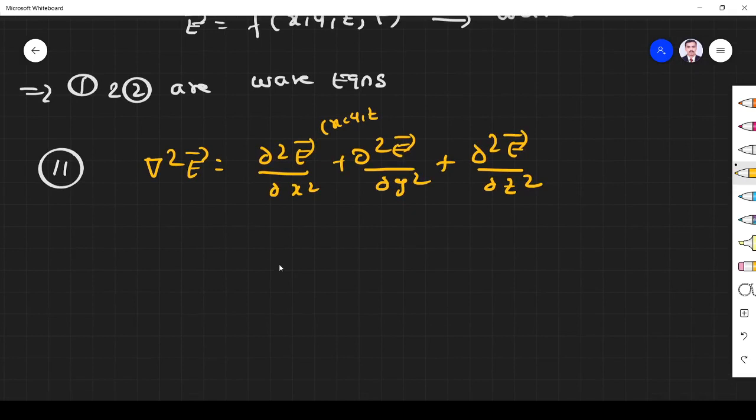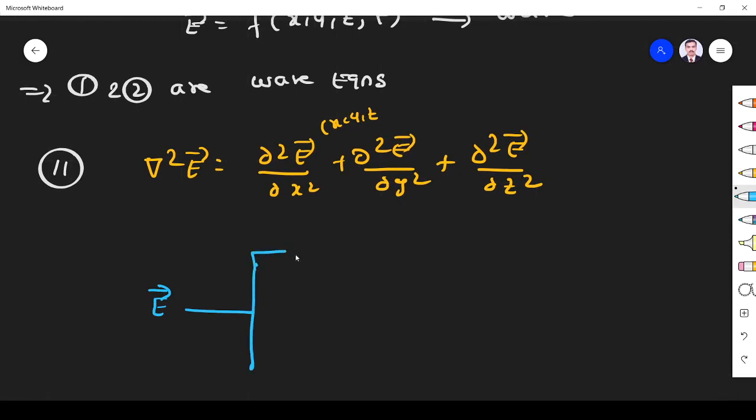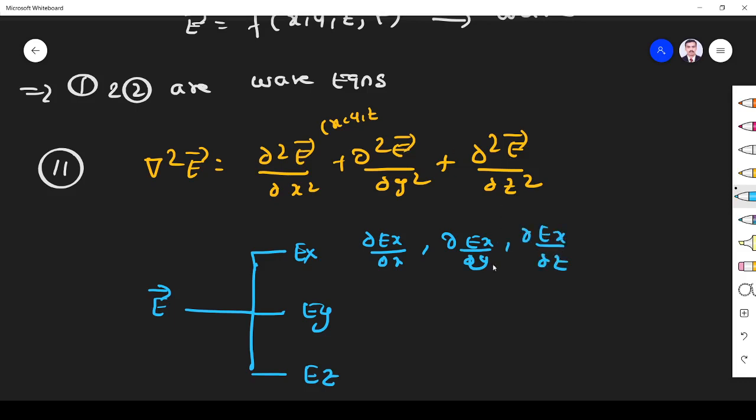So E will have xyz components, Ex, Ey, and Ez. If I put Ex, what I will get? Dou Ex by dou x, then dou Ex by dou y, dou Ex by dou z.